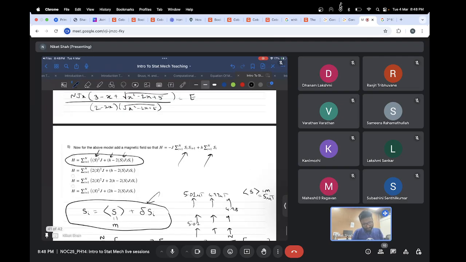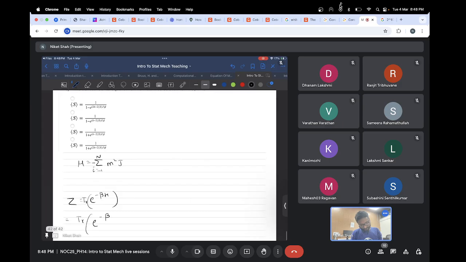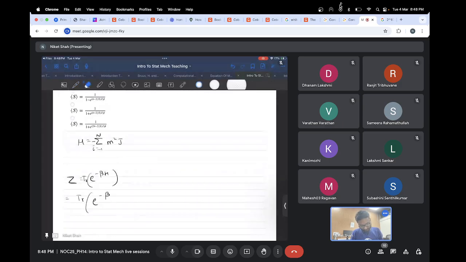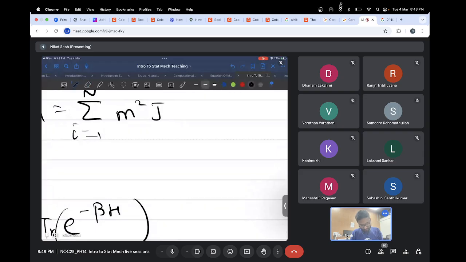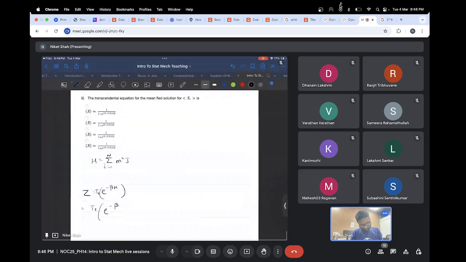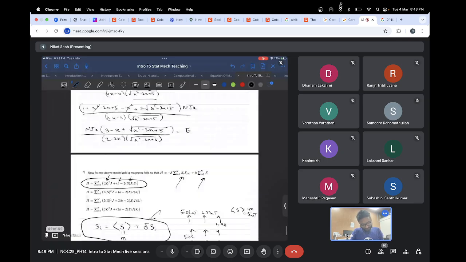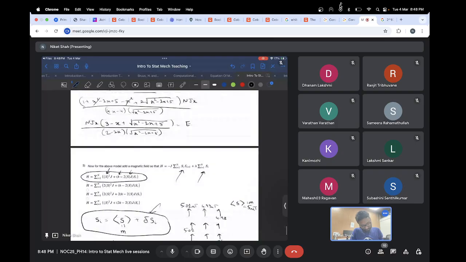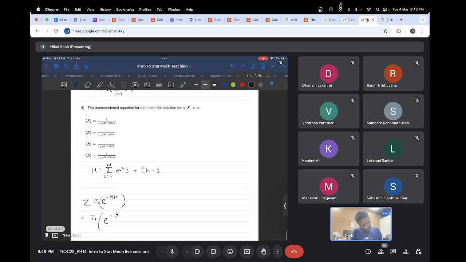M square J plus h minus 2MJ into Si. Right?